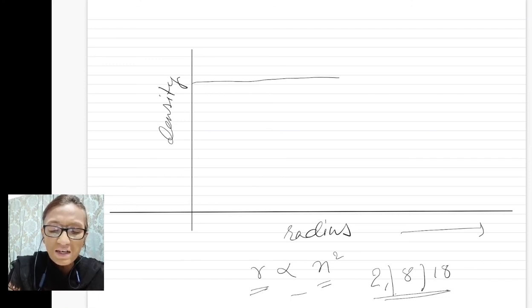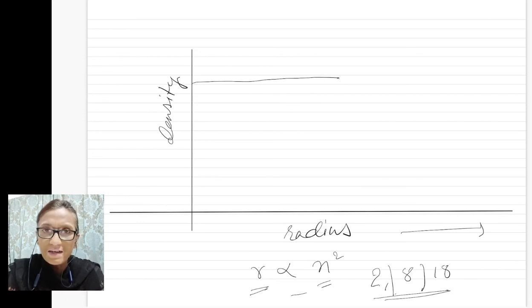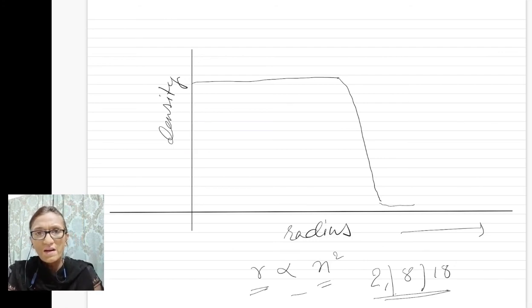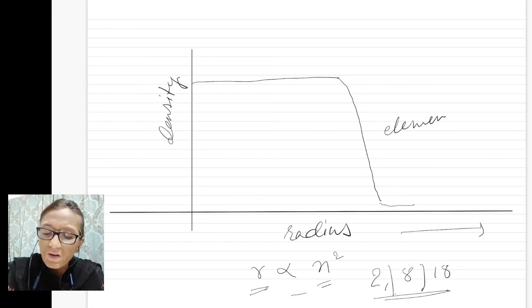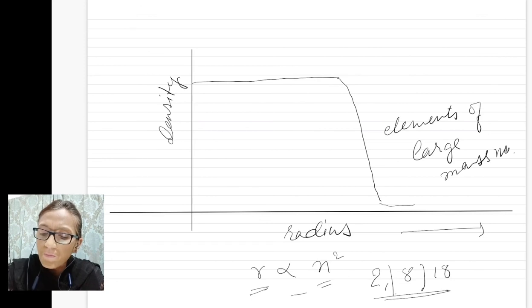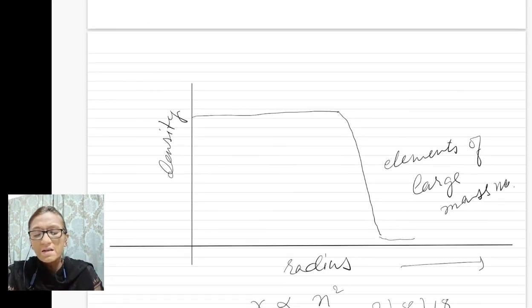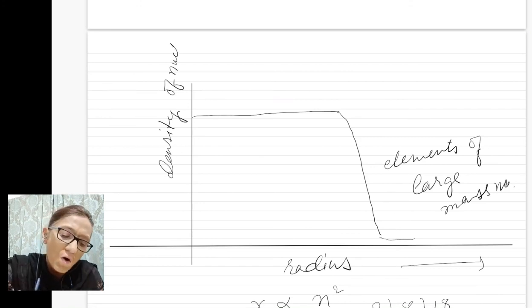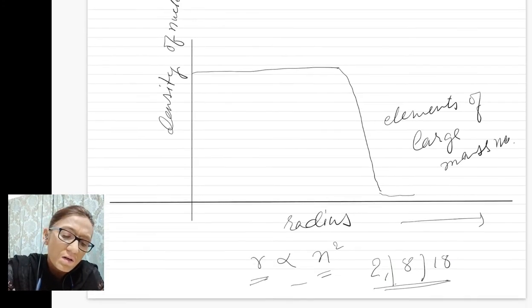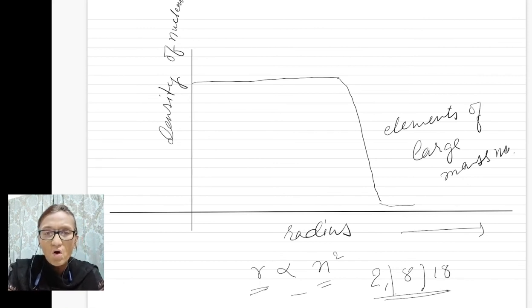So the graph will be of this nature. Here density is constant for large radius, then suddenly it falls steeply, and then it comes close to zero value of density. Now for elements of larger mass number, you have a graph of this nature for density of nucleons and radius of nucleus.